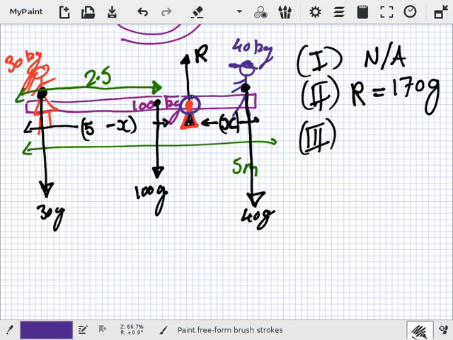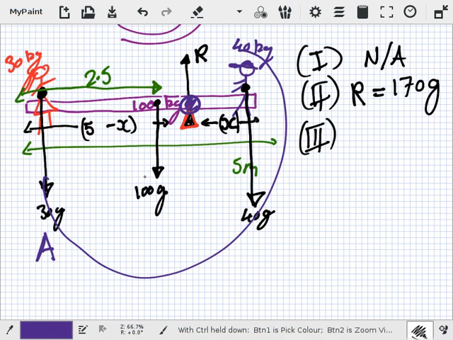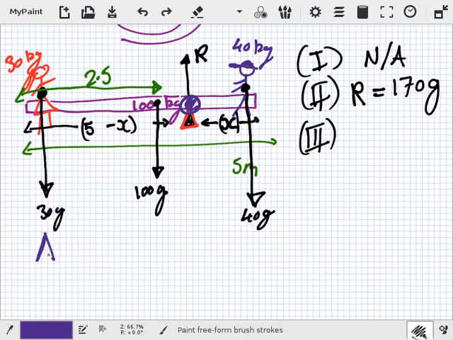This is like the center of the clock. Does this 30g make you turn clockwise or anti-clockwise? Anti-clockwise, because you're going around like this. Okay, good.